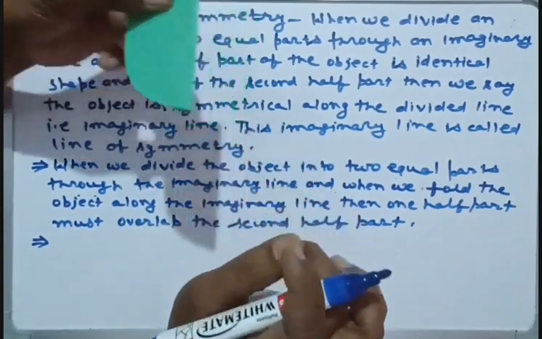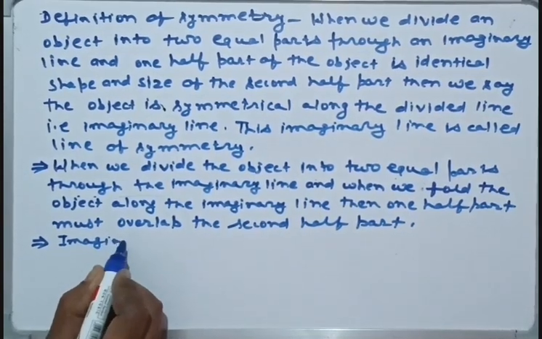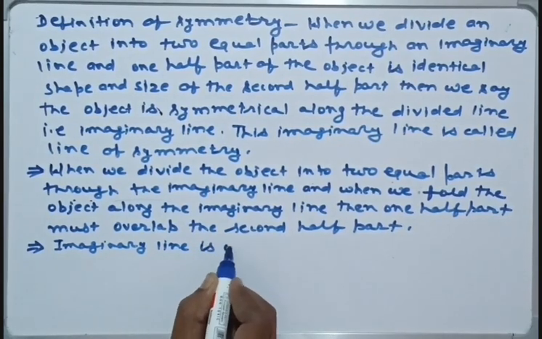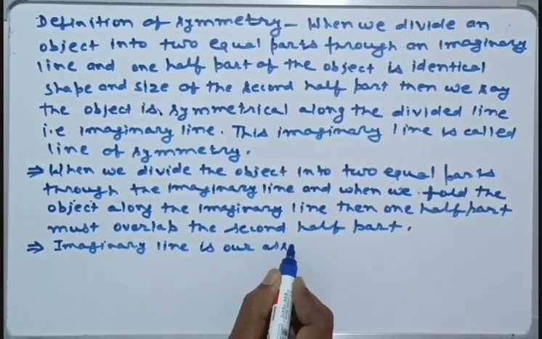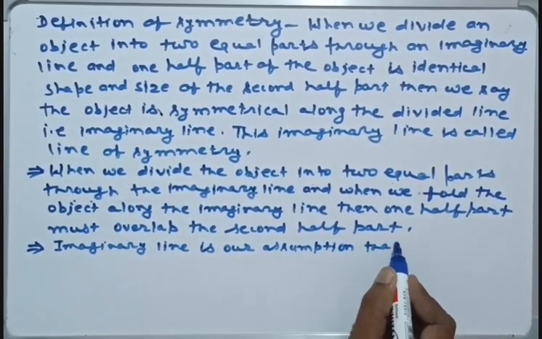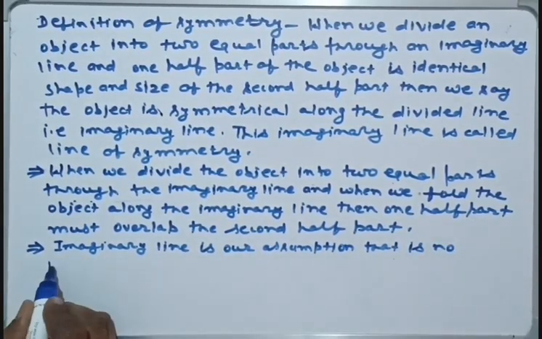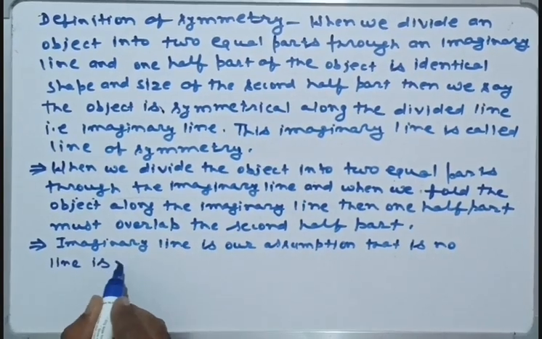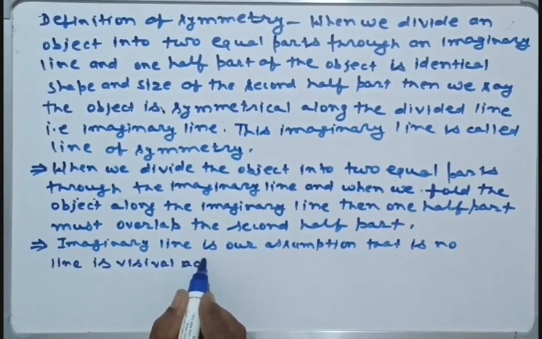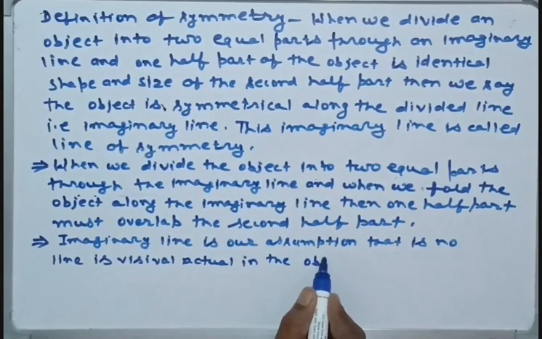Okay guys, so the imaginary line is our assumption, that is, no line is actually visible in the object.